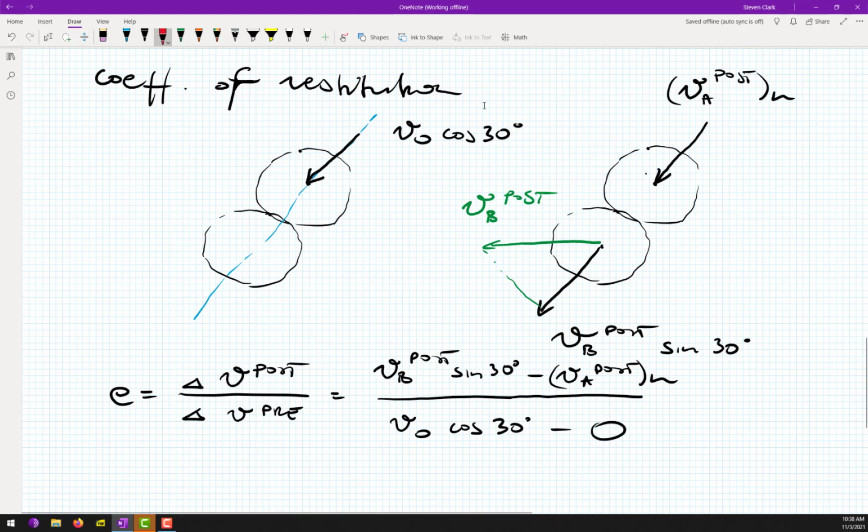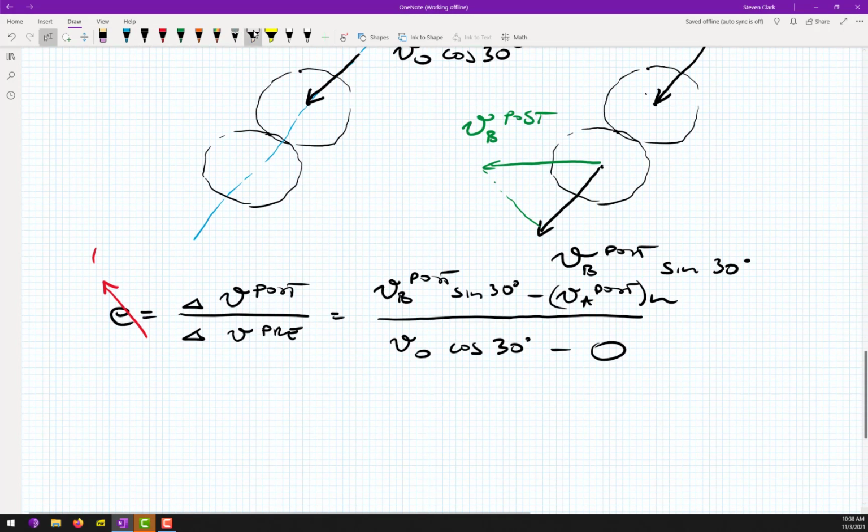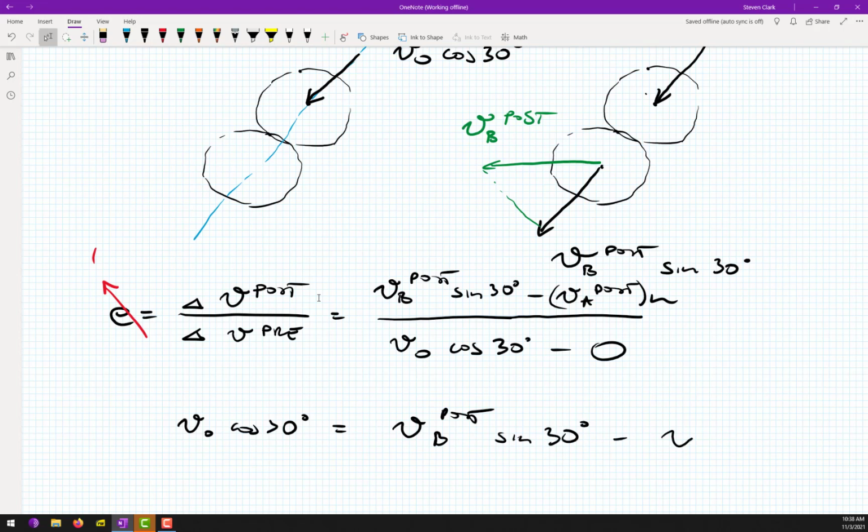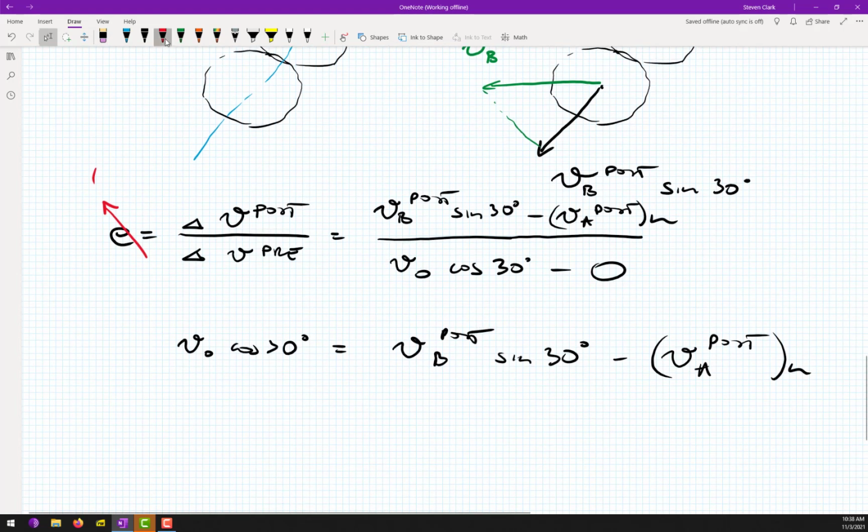And by the way, this e is 1. So we found our third equation, because this will be V0 cosine 30 degrees, and this is equal to VB post sine 30 degrees minus VA post N. This is our third equation.